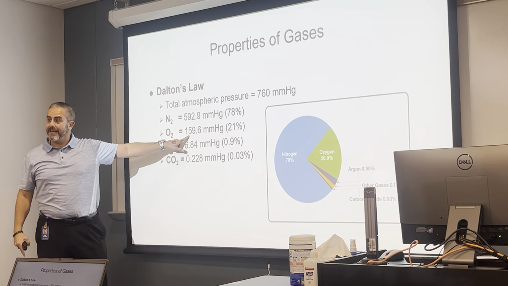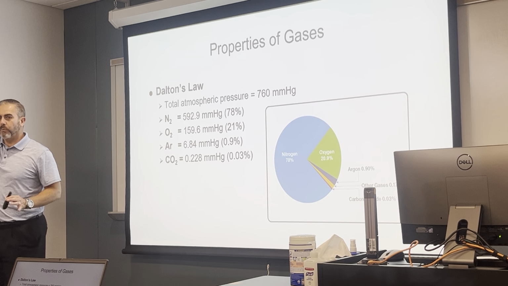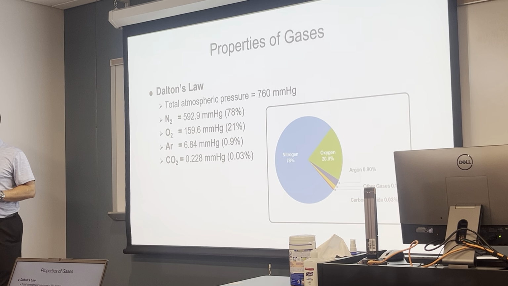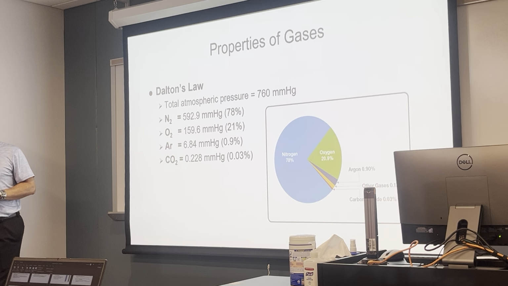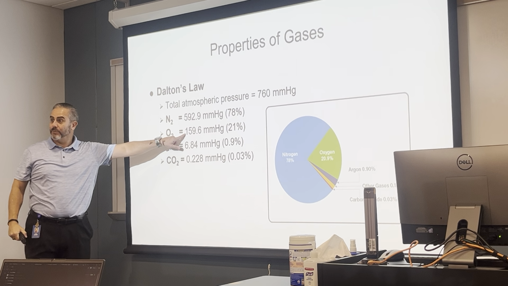But in Denver, where the barometric pressure is 600 and something, and we'll do some math here in just a second, you're breathing in 21% of that atmosphere. I bet your number's not going to be 160.